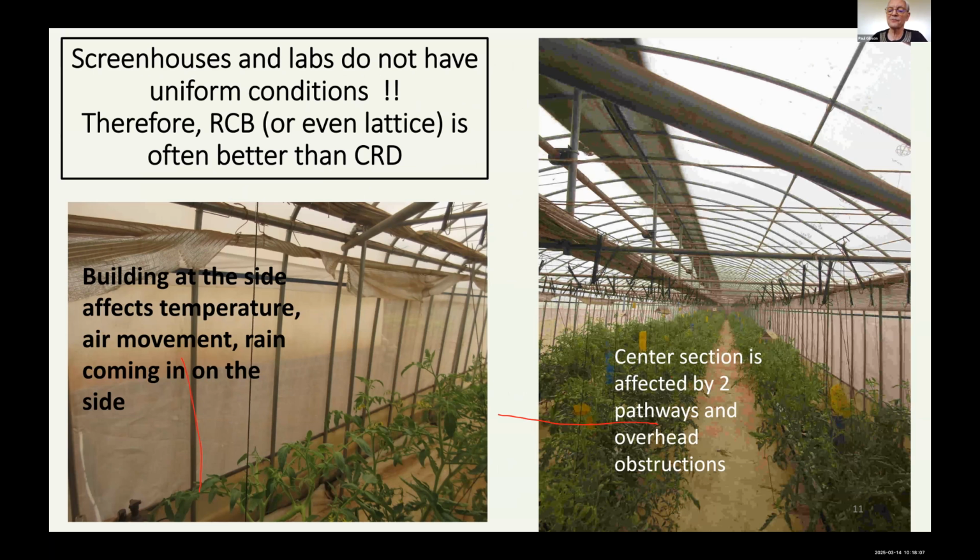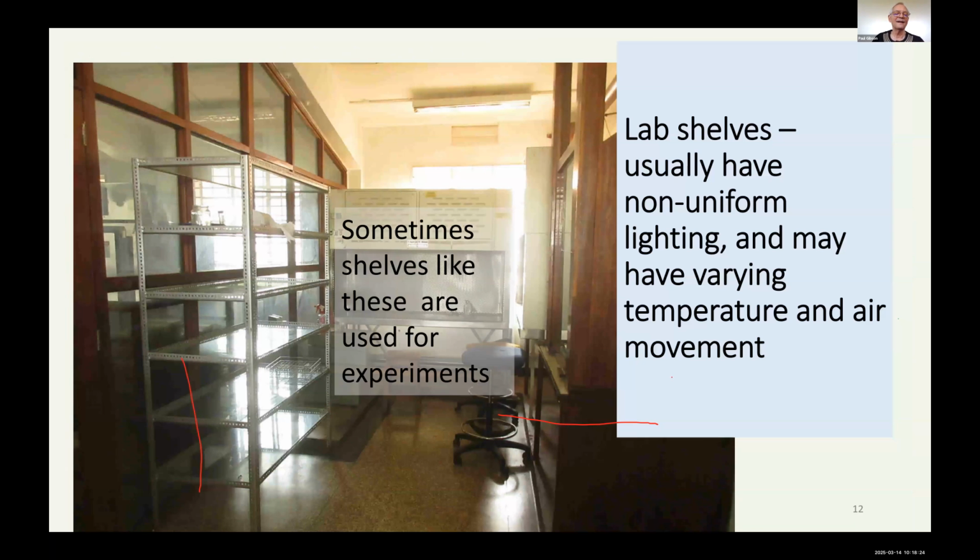The center section of this very elaborate and very good greenhouse is affected by two pathways and two walkways and the construction of the greenhouse. Now, sometimes shelves are used for experiments, and that's valid, but they also have non-uniformity and varying air temperature and movement.